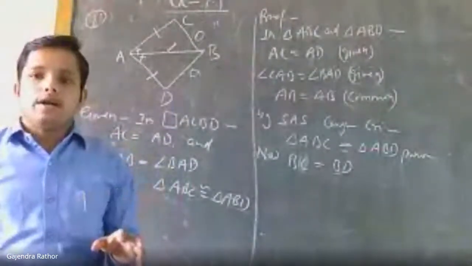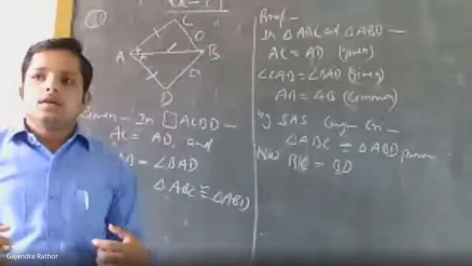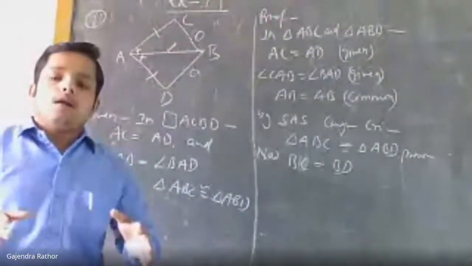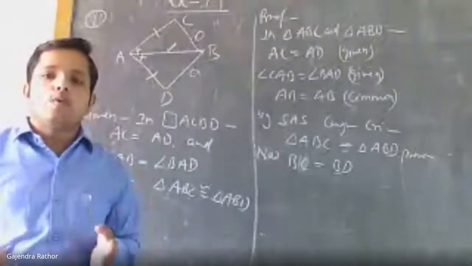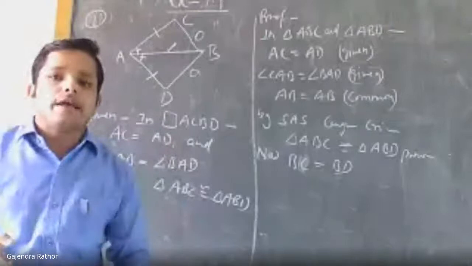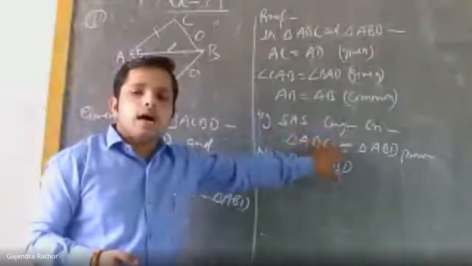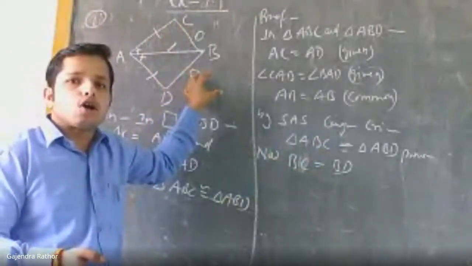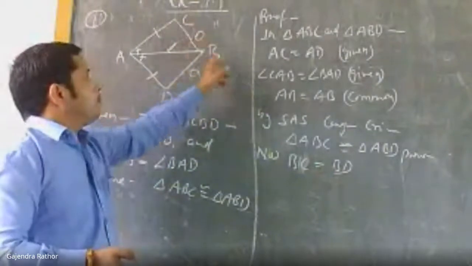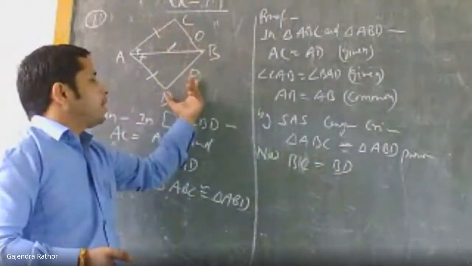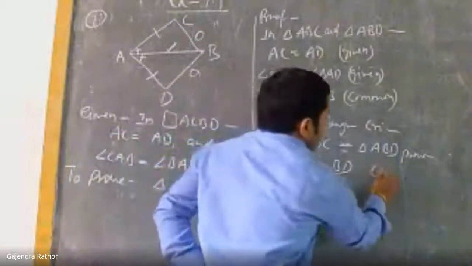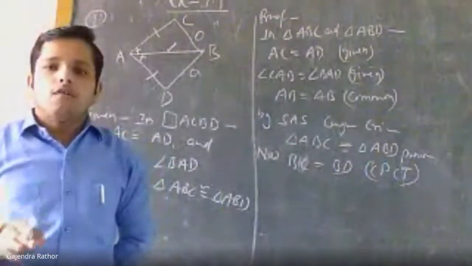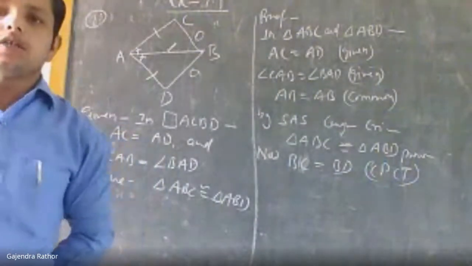If two triangles are congruent, then all parts of that triangle will be equal to the corresponding parts of the other triangle. We already saw that the triangles are congruent. So BC is a side, and the corresponding side of the other triangle is BD. So both sides will be equal. So we can write just CPCT, meaning corresponding parts of congruent triangles. So now the question is complete.